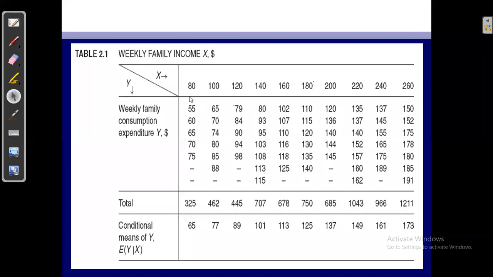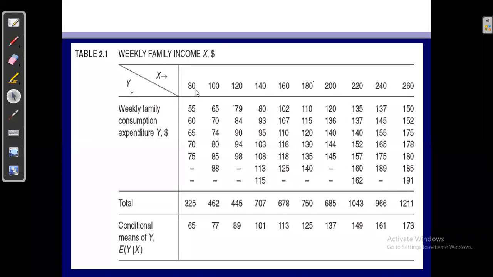The assumption of constant variance says that if the variance of the disturbance term values corresponding to x equal to 80 is 25, for example, imagine any number, let's say 25, then the variance of the disturbance term values corresponding to x equal to 100 should also be 25. And it should also be 25 corresponding to x equal to 120, 140, 160, and so on.